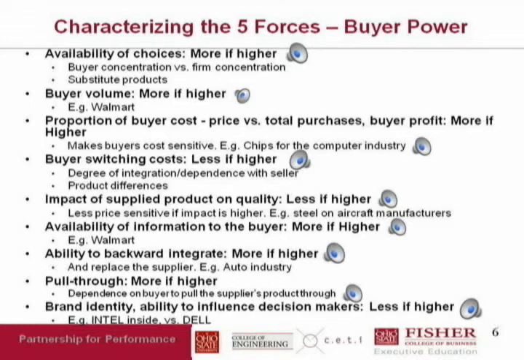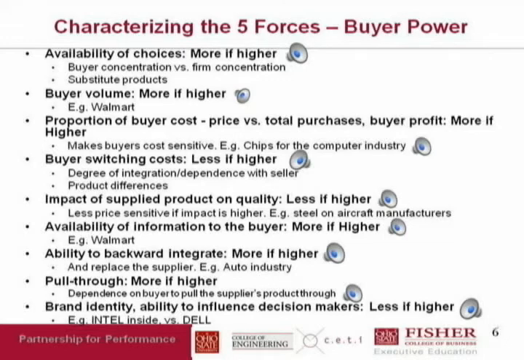The characteristic of brand identity, or the ability to influence decision makers, also impacts buyer power. So what this means is the following. Suppose I make a product, I'm the buyer, and I buy something from a supplier. And people are buying the product from me because of the brand identity of the supplier versus my brand identity. So for example, consider laptops.